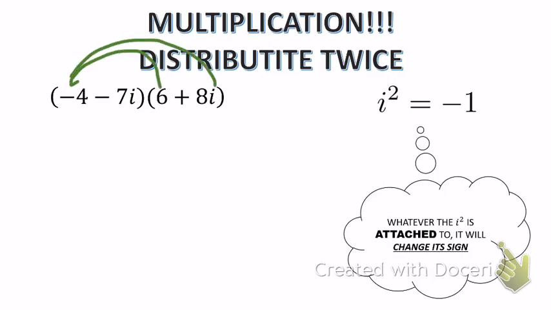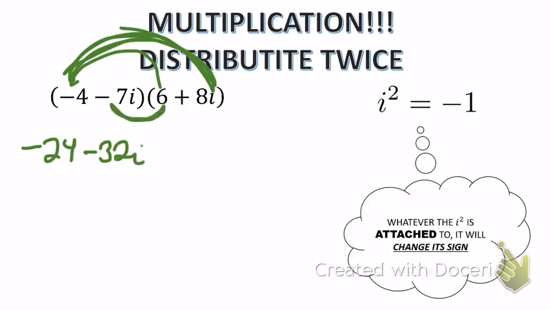Negative 4 times 6, negative 24. Negative 4 times 8i, negative 32i. Negative 7i times 6, negative 42i. And negative 7i times a positive 8i, negative 56i squared.